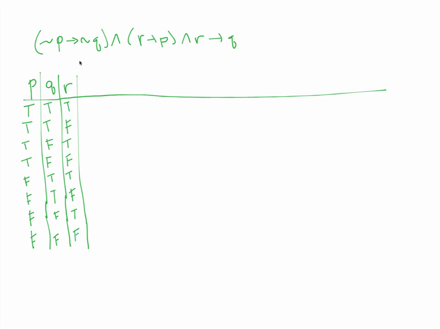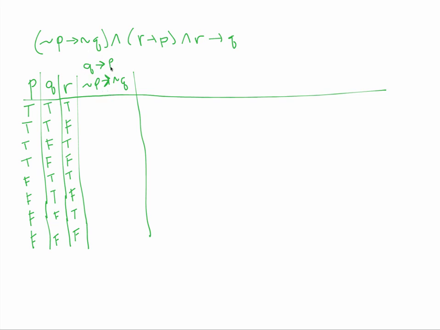And then now I'm going to have a column. I'm going to do not P implies not Q. Notice that the contrapositive of this, not P implies not Q, is Q implies P. So you swap the order and negate them.